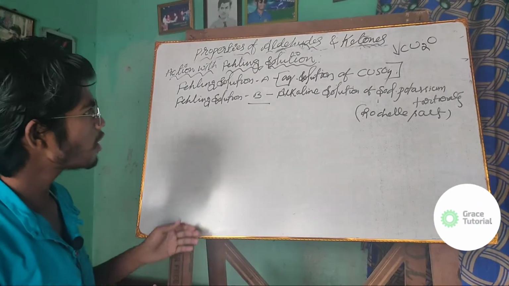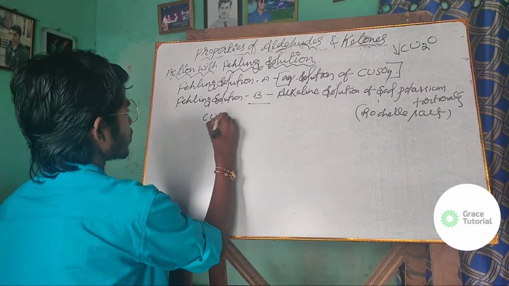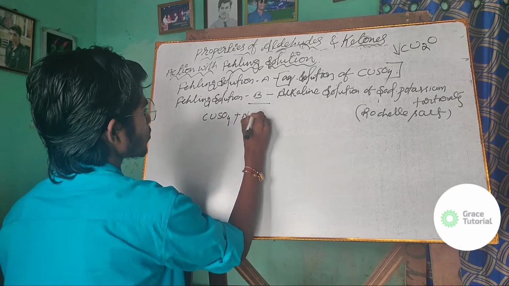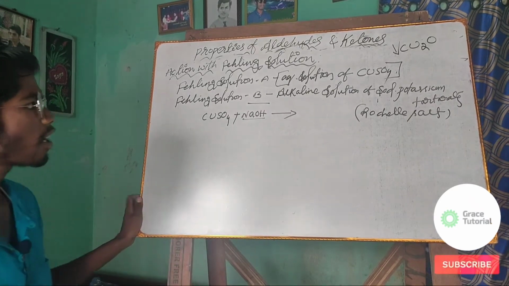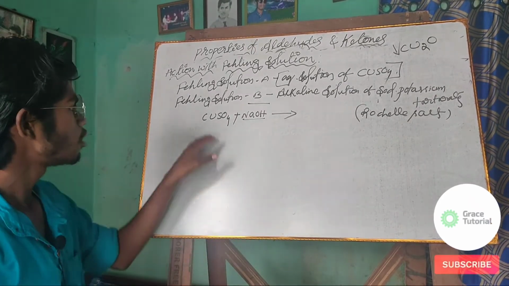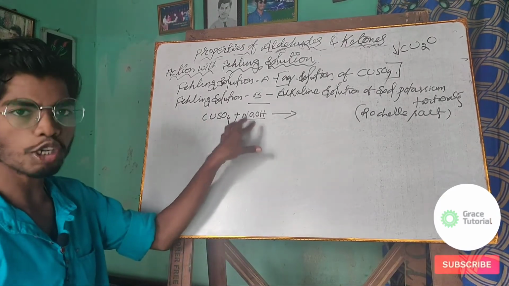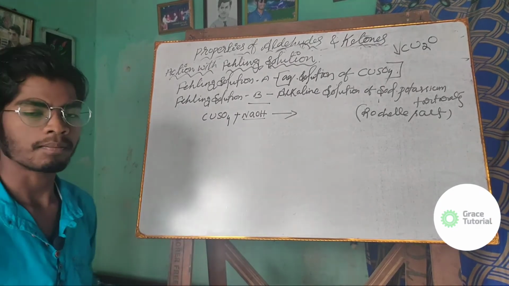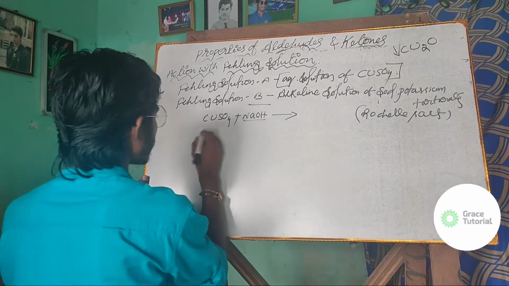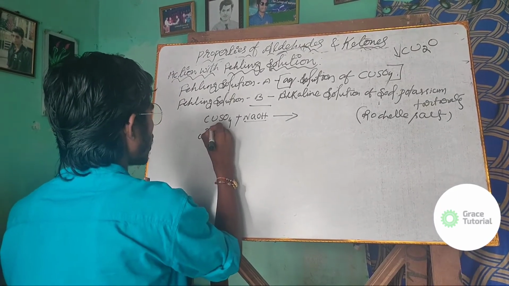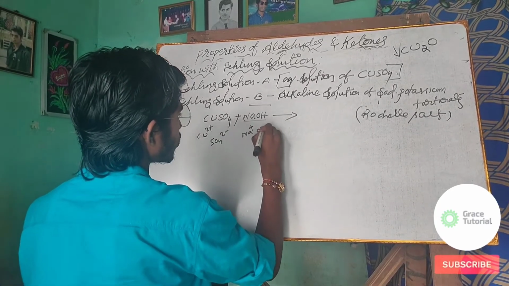So if we mix Fehling solution A and Fehling solution B, what is obtained? CuSO4 plus NaOH, which is an alkaline solution of sodium potassium tartarate, the Rochelle salt. When Fehling solution A is mixed with Fehling solution B, the product obtained is the Fehling solution. When CuSO4 reacts with NaOH, if you dissociate CuSO4 you get Cu2+ and SO4 2-, and if you dissociate NaOH you get Na+ and OH-.